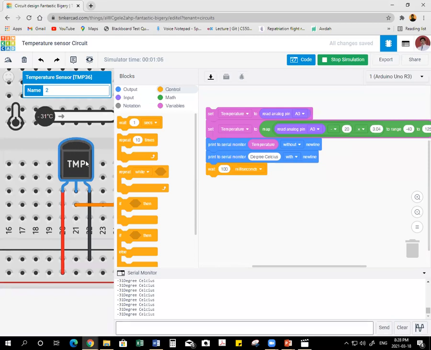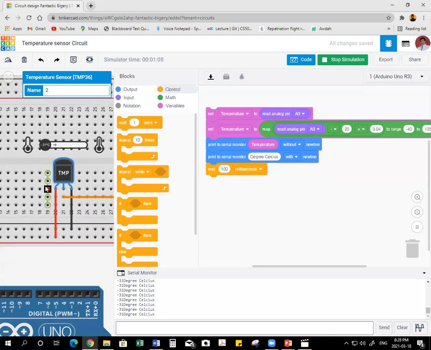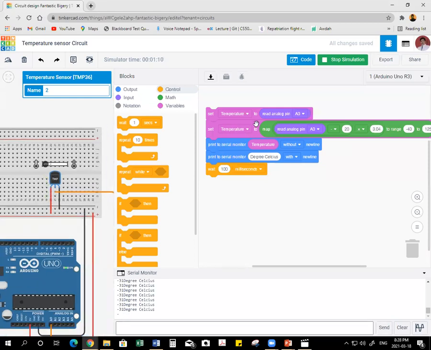We are just connecting the temperature sensor to the Arduino, and we have to set a variable, temperature, and that will be equated to the reading we are getting from the A0 pin where the temperature sensor is connected.